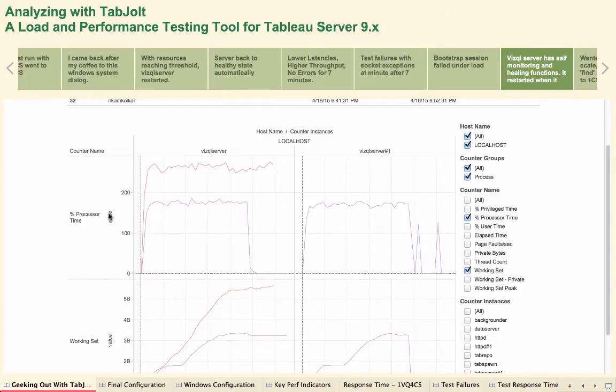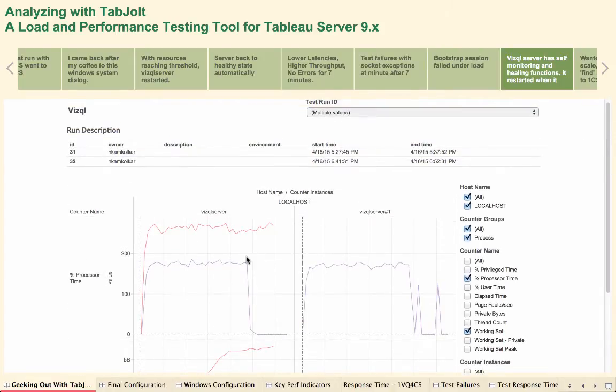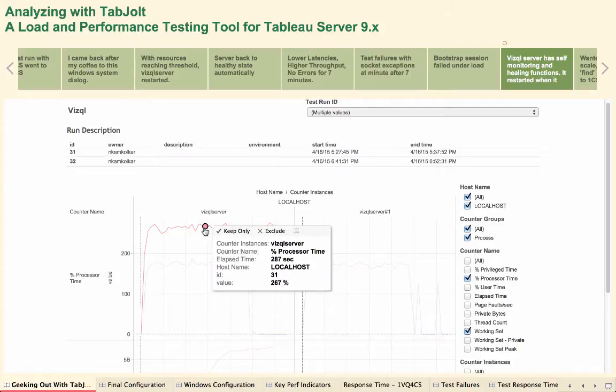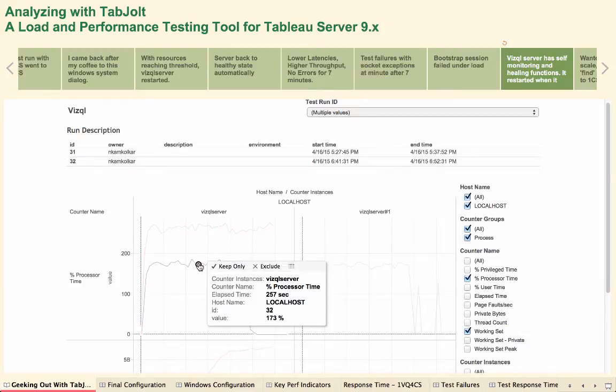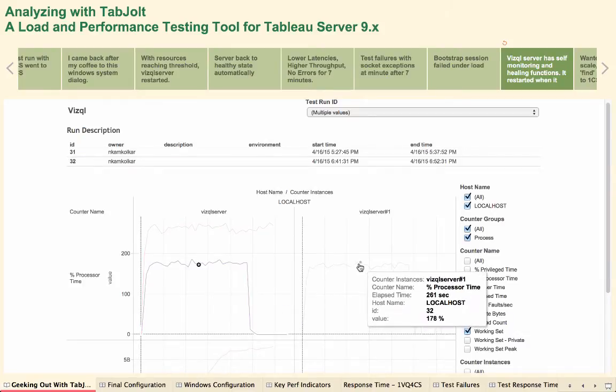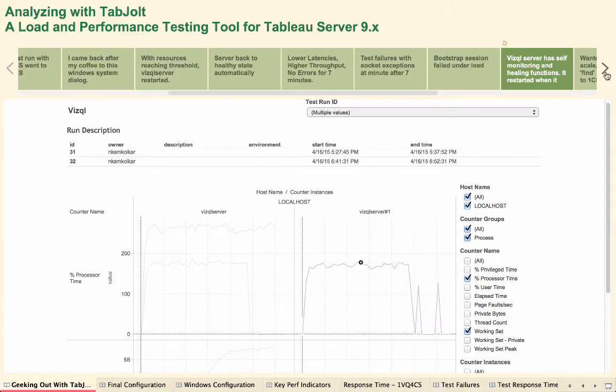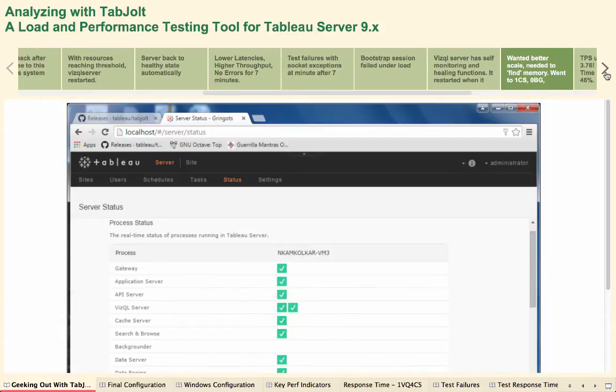So here you're looking at percent processor time and the working set for both the tests and also the iterations. Here the red one is the first test that I did with one SQL server. In the second test, I had 2 SQL servers, and it's showing me both the SQL servers and the associated metrics for that. So very useful when you're analyzing load test results and performance results as well.